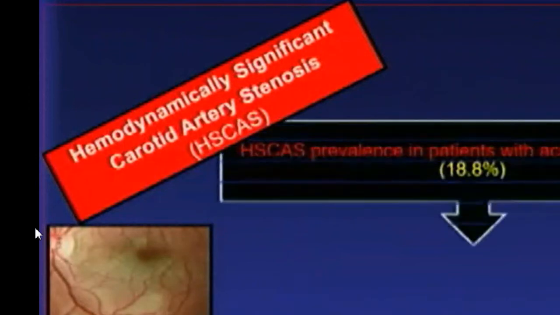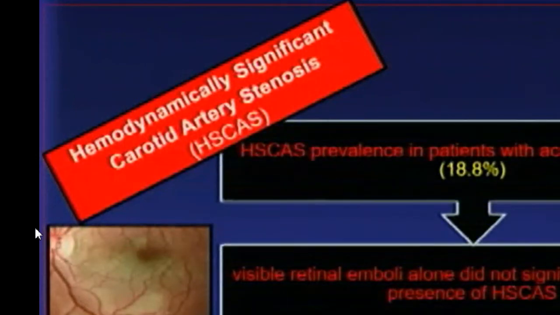So it's really one of the things that you have to think about. If you look for hemodynamically significant carotid artery stenosis, prevalence in patients with acute retinal artery occlusion is usually 19%, and visible emboli alone did not significantly predict the presence of hemodynamically significant carotid stenosis.